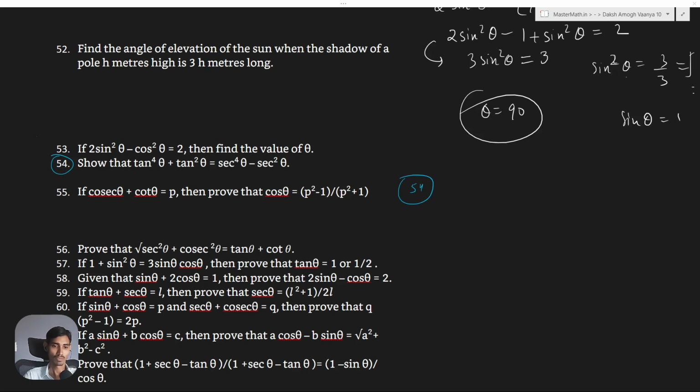Yes, sir. So we start with LHS equals tan square theta plus tan 4 theta, which equals tan square theta into tan square theta plus 1.